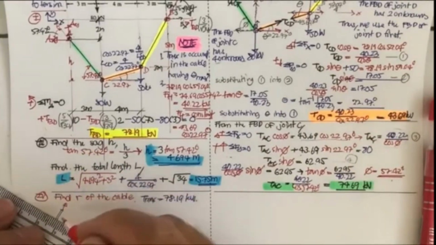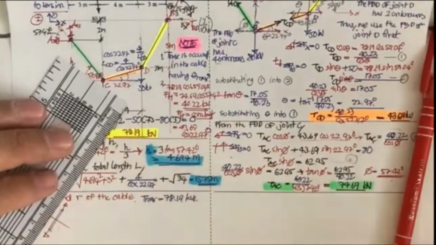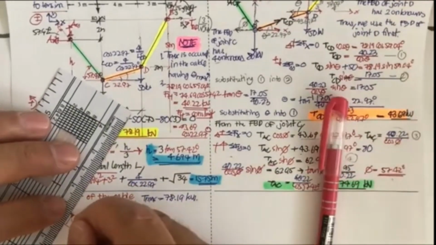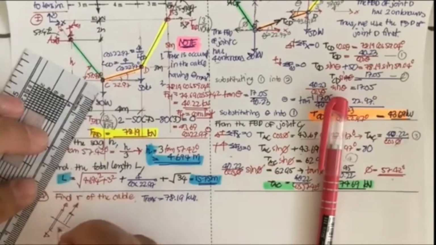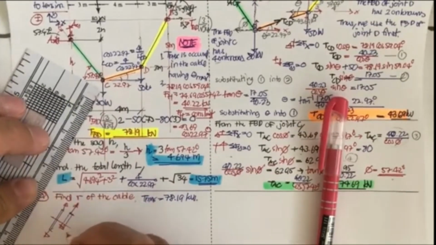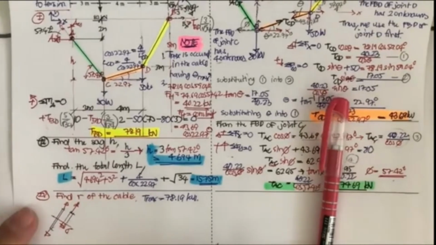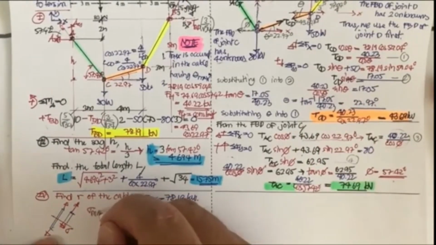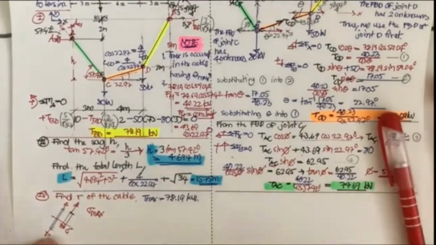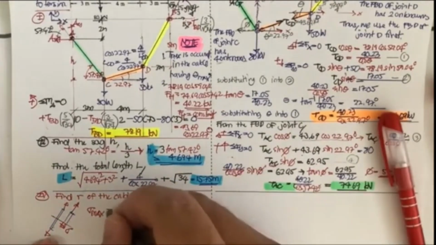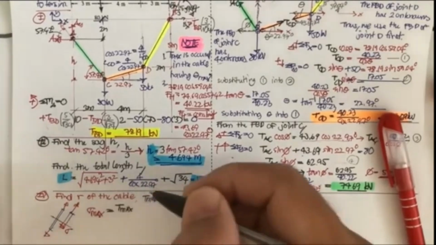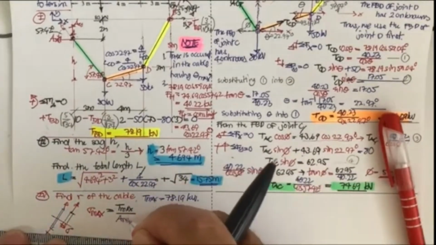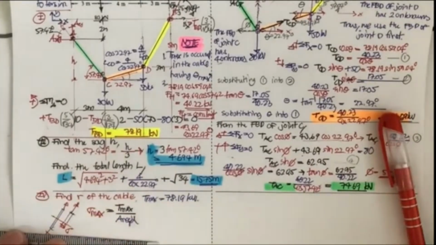Then by mechanics of materials, if you cut this cable, your cable will have the normal stress occur here, and the maximum normal stress is going to come from the Tmax divided by the required area.